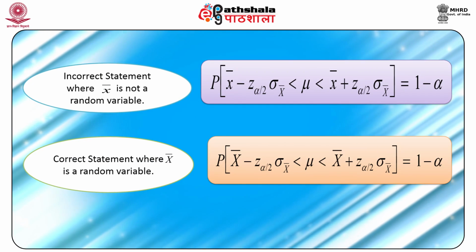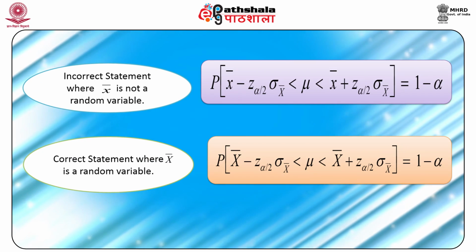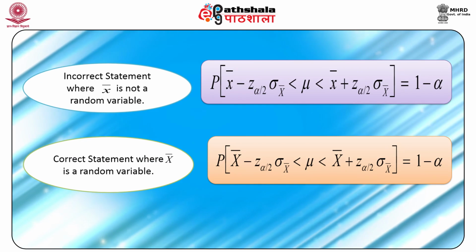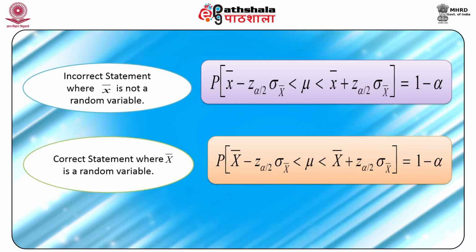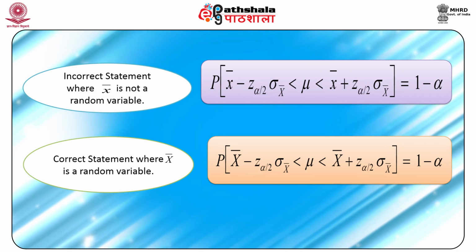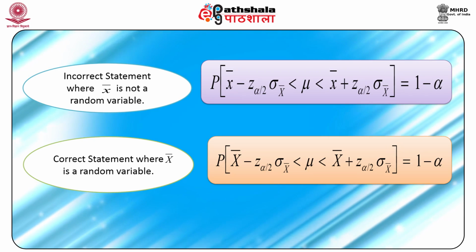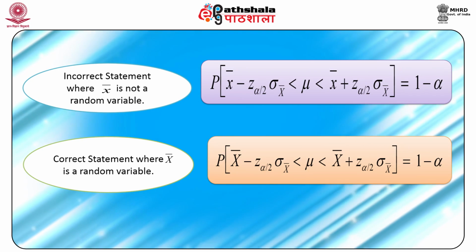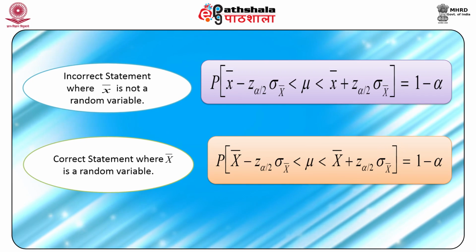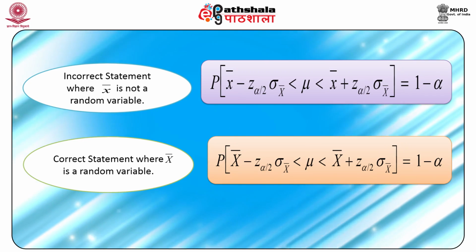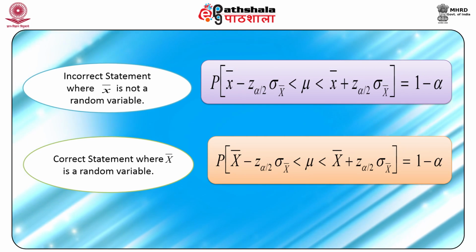Therefore, it is incorrect to state that the probability that we have mu in this interval is equal to 1 minus alpha, where x bar is not a random variable. The correct statement is that the probability of mu lying between x bar minus z alpha by 2 into sigma x bar and x bar plus z alpha by 2 into sigma x bar is equal to 1 minus alpha, where x bar is a random variable.